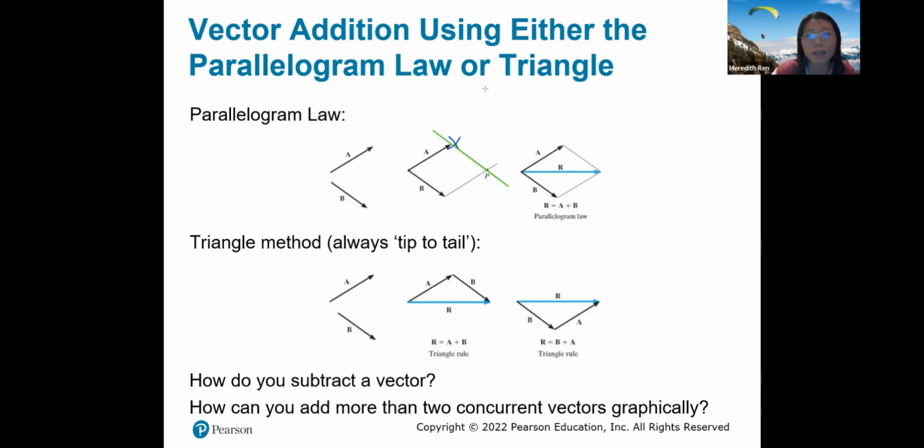Same thing, start at the ending point of vector B, let me draw another parallel line. That parallel line is parallel to vector A. These two parallel lines that I drew, where they meet at the end, give me the ending point of the sum of the vectors.